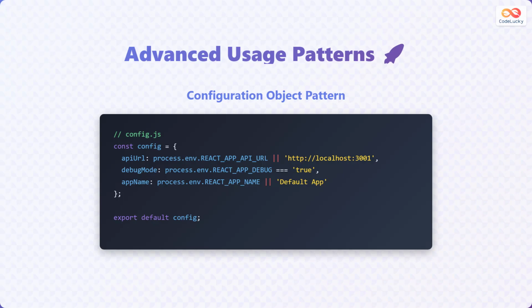Debug mode as process.env.REACT_APP_DEBUG equals true. An app name is process.env.REACT_APP_NAME or fallback to default app. This configuration object can then be exported and used throughout your application.